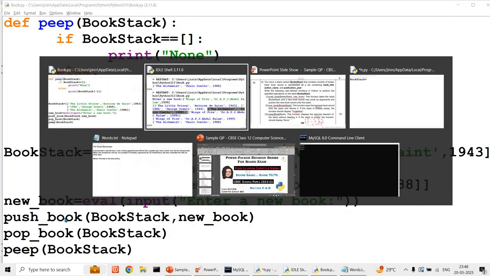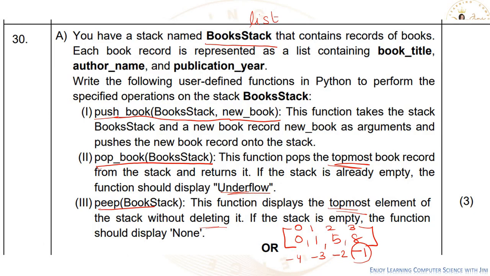Okay, so you should understand. If this is your stack, the first element will be added, then the second element, then the third element. When I use pop, the last one will be removed, and then after removing, the topmost element will be the second record. This is how a stack works. If you have a list, I'll show here: 5, 10, 15.